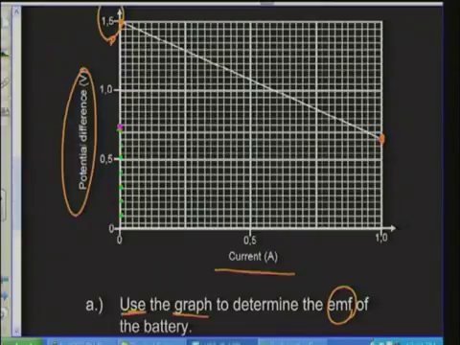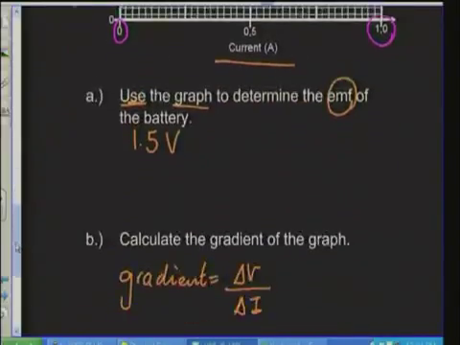This point here is about 0.65. So we can get that reading there. This is for potential difference. Let's then look for the current. For current, that is 0.1, and here that is 0. So we can calculate our gradient here.